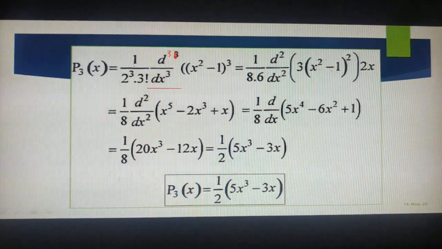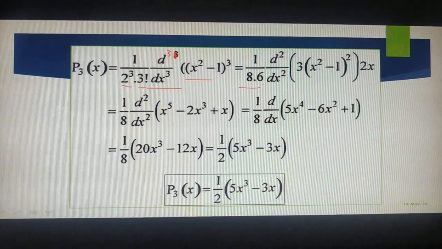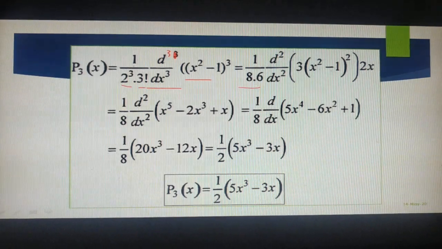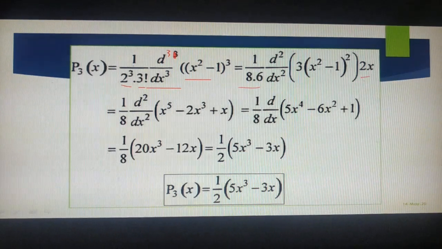Anyway, you have to differentiate this inside polynomial 3 times. So right, this is 8 and this is 6, 3 factorial means, so 1 by 8 into 6. Now if I differentiate it one time, the power comes to the front, so 3 into x square minus 1 whole square into again the derivative of x square, which is 2x.